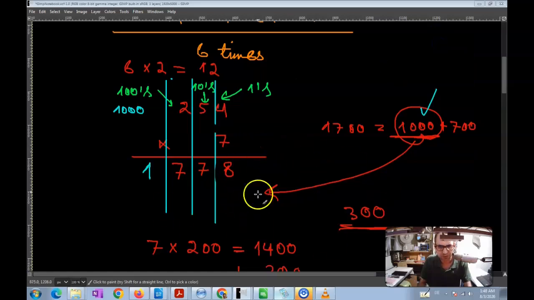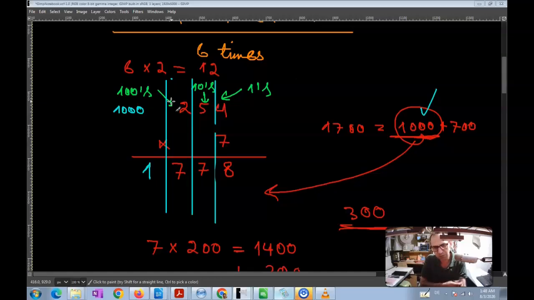Now you saw that in this calculation that I did over here, things got a little bit complicated, meaning that I had to keep track of all of these numbers, all of these different place values, and so on and so forth, right?